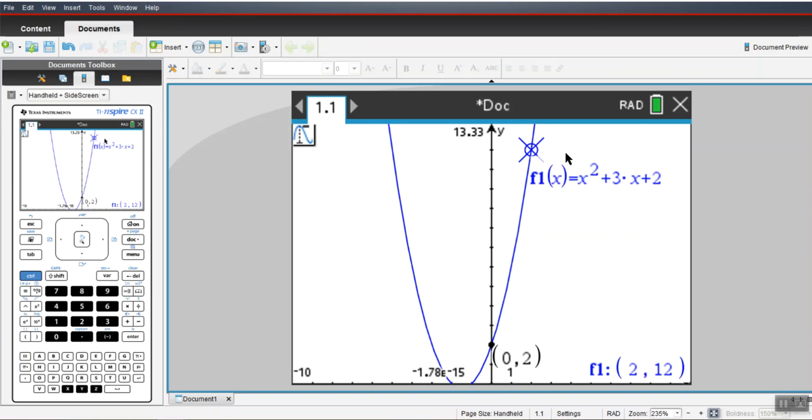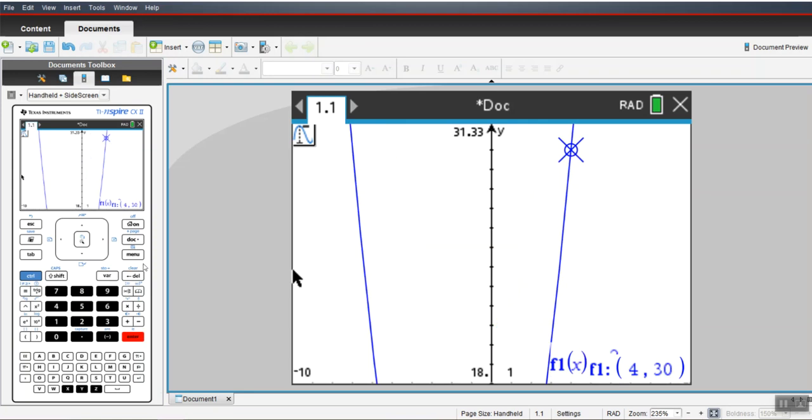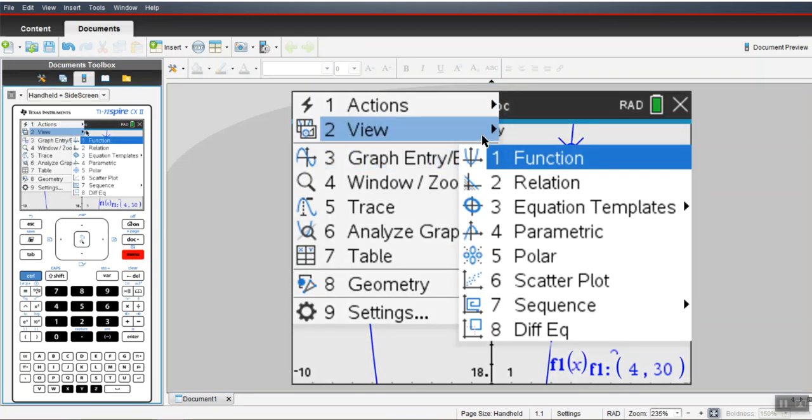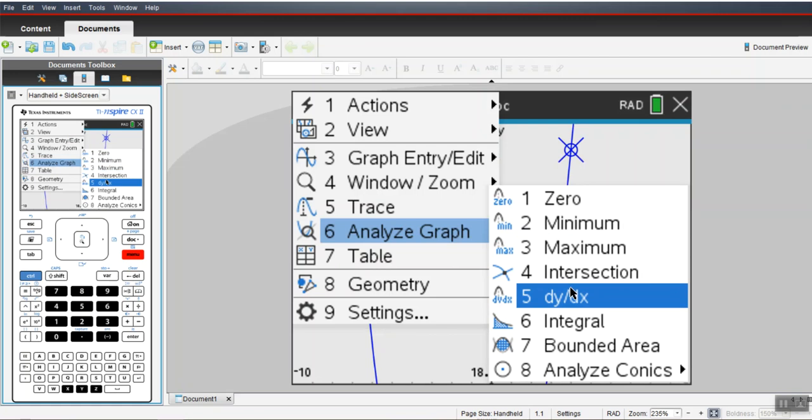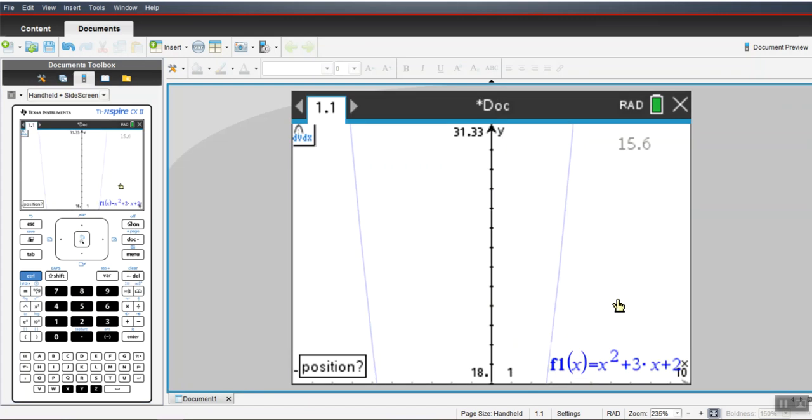So I don't know, if it was a tech active, you could just say, use trace to find y equals 12 for x equals 2. Does that make sense? So then menu, 6, analyze graph, and then see the dy dx, which is the gradient or the rate of change or the derivative. Okay?